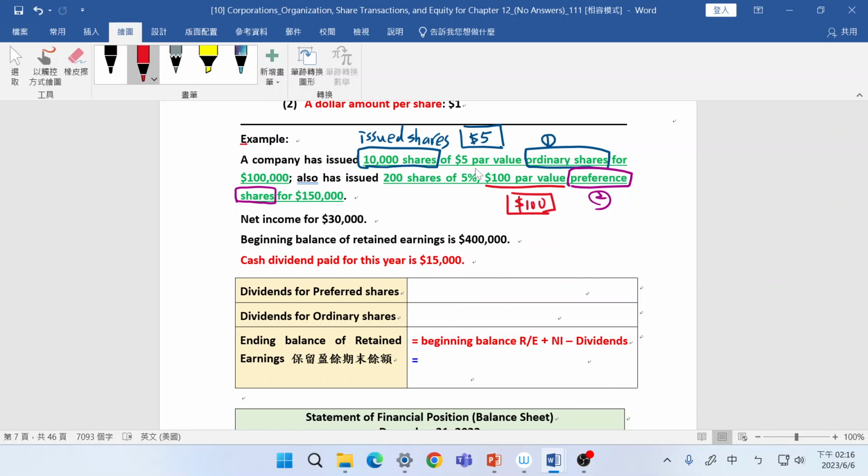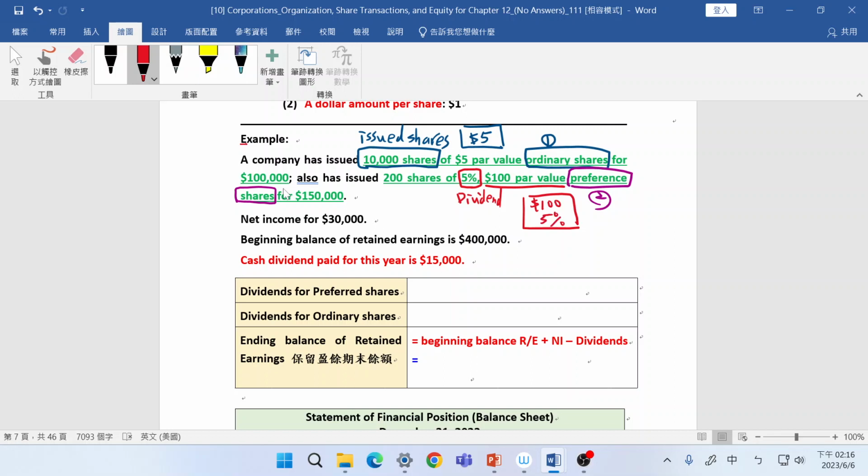So on the contract, we will tell you 5%. So what does it mean? You promise them you are going to give them 5% dividends. Okay? So on the contract, you told them par value 100. You told them dividend 5%.